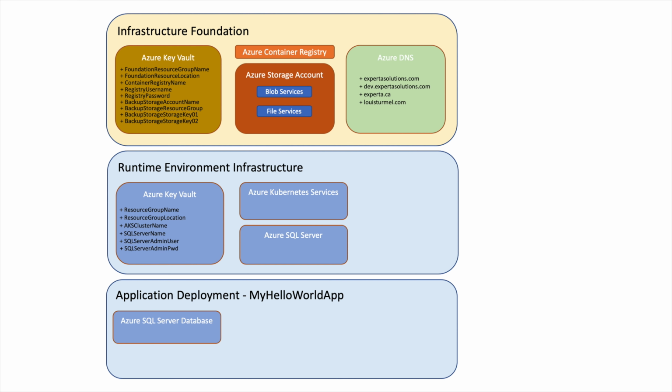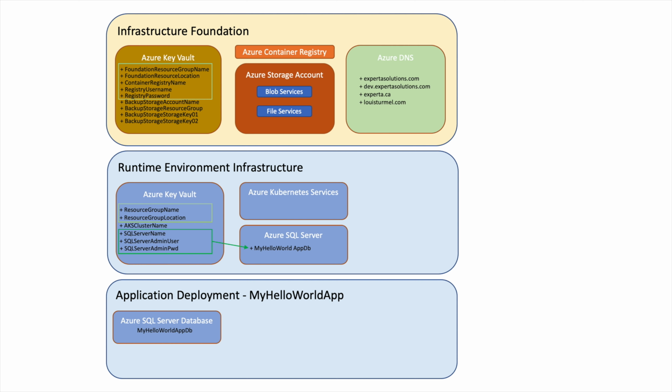For example, my Hello World application has a SQL Server database. Then I will look at the resource group name and location to know where to create my database in Azure, and also which server name to deploy it to. And then I will create a database Hello World inside the right SQL Server instance.